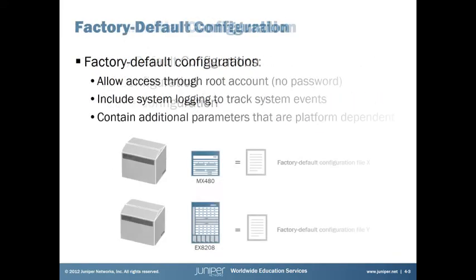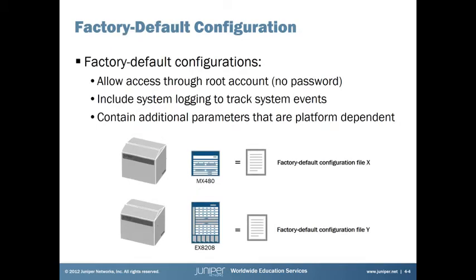Let's take a look at the factory default configuration. You unpack it out of the box, and this is the factory default configuration. Basically, you turn it on, you boot it up, you can log in as root. It has no password by default.